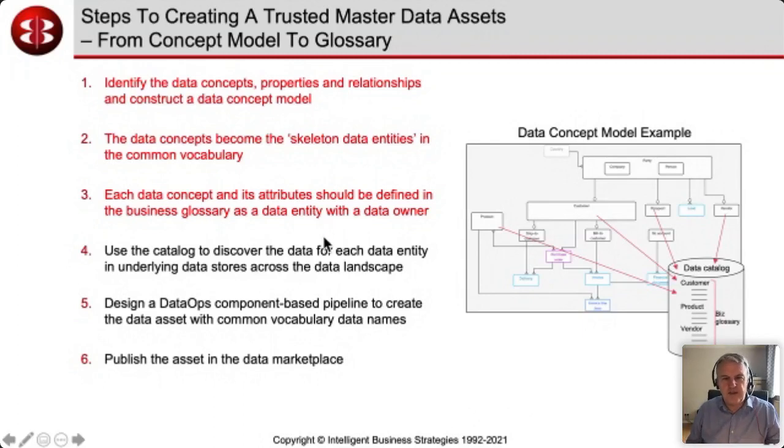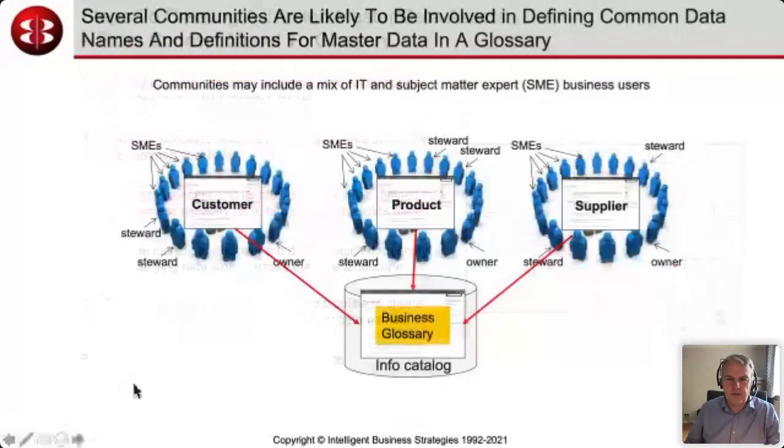And then once we have that, and using a data catalog can help us find the other attributes associated with those entities, we can then start to build pipelines to construct and integrate the data needed to build those master data entities and store them in an MDM system.